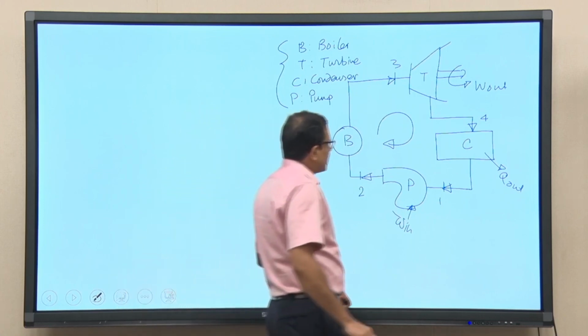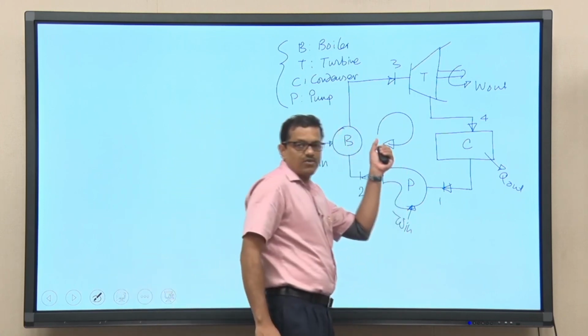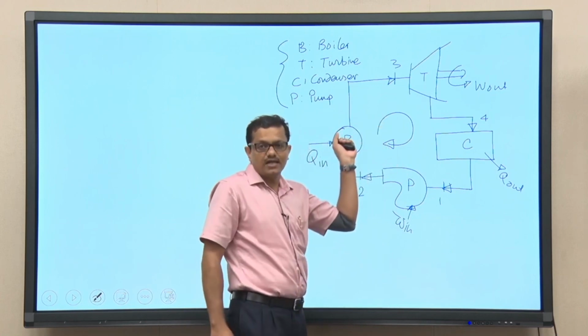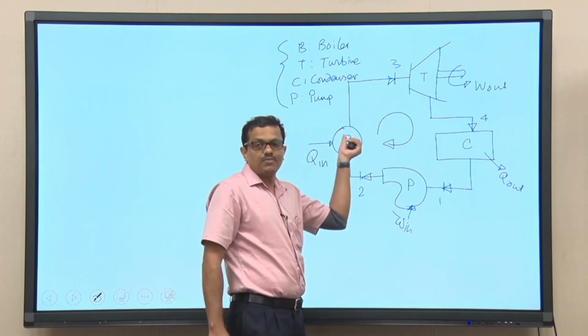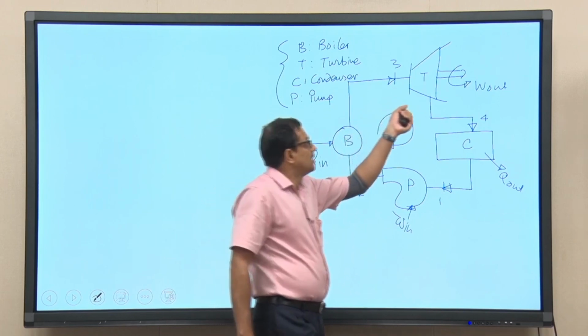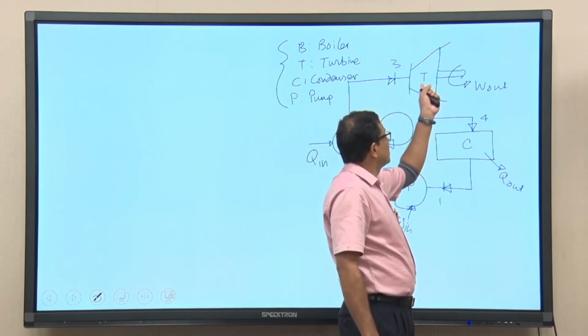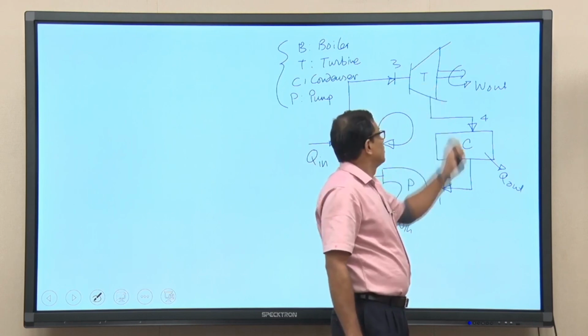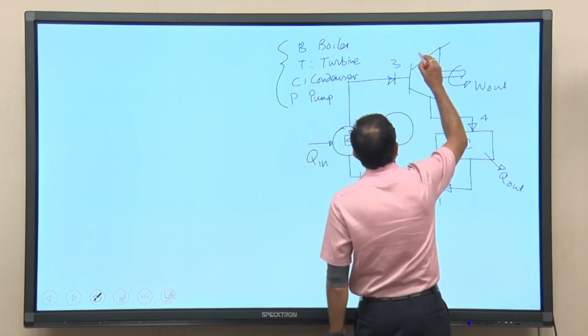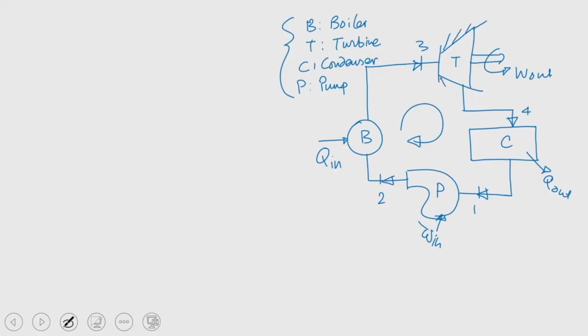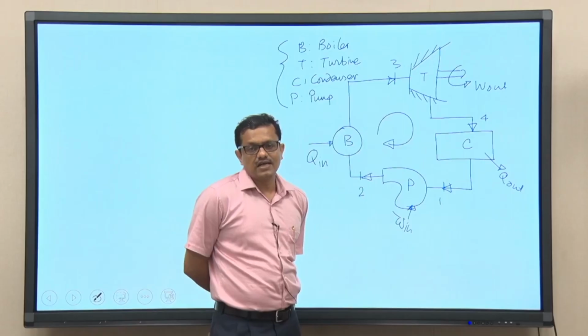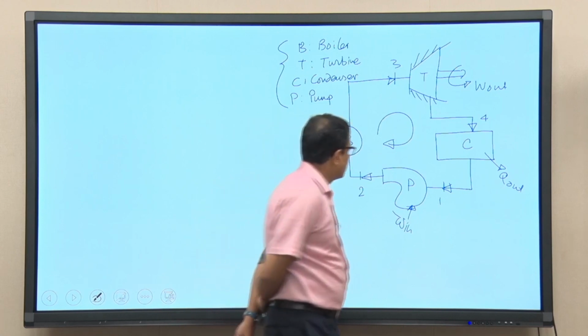We can consider that all the processes are ideal. So, this is constant pressure heat addition, this is reversible adiabatic expansion, and we have discussed that the walls of the turbine are insulated, so there is no heat leakage or heat loss through the wall of the turbine, and the process can be considered a reversible adiabatic process.